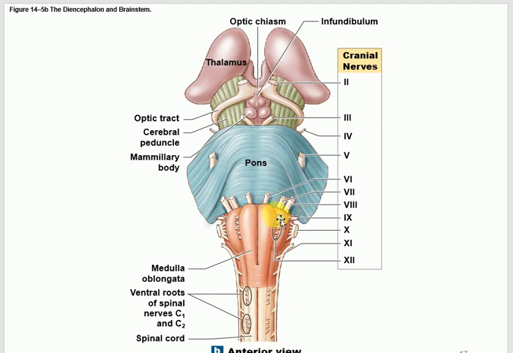And then 9, 10, 11, and 12 is all by itself here. Where are these located? Medulla oblongata. That's it. I think that's easy.